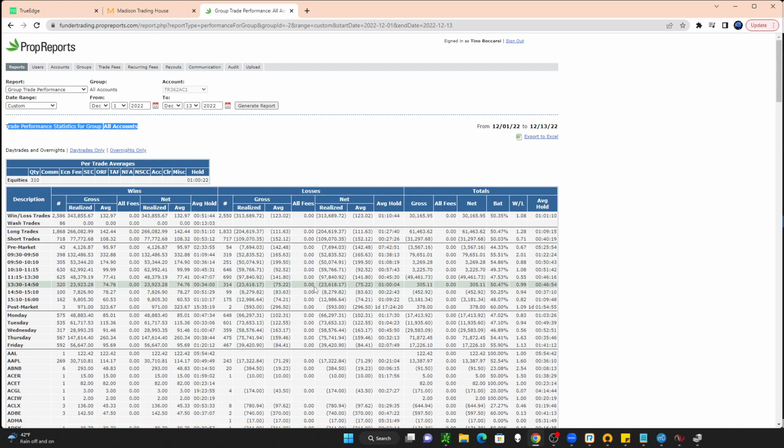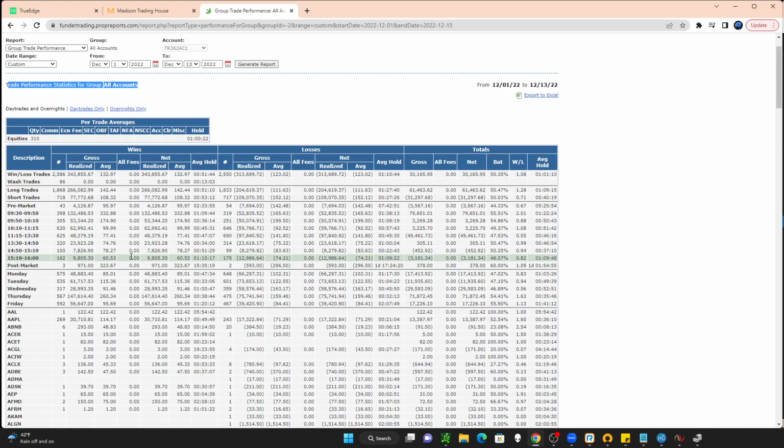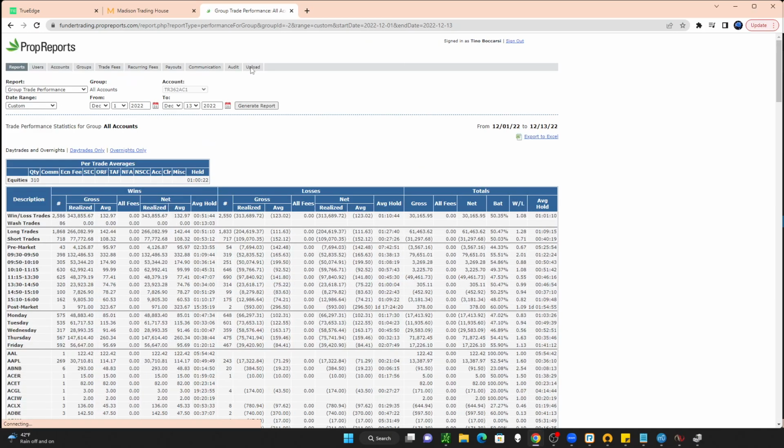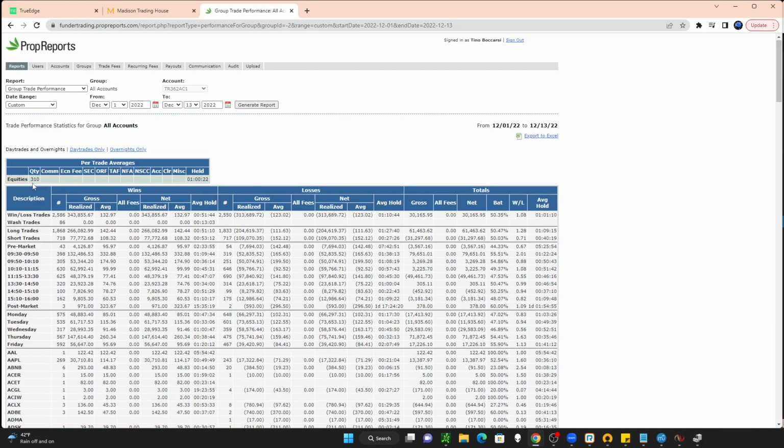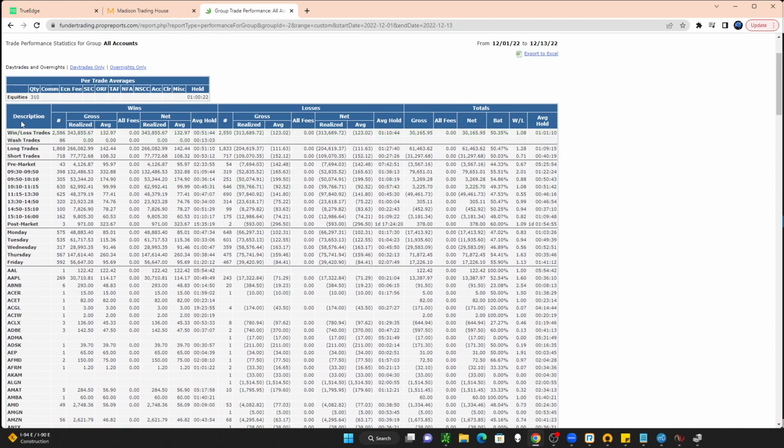But if you're like me, I like to archive things on my computer just for future reference, so you can do that as well. Okay, having said that, this is showing me everything from December 1st to December the 13th, not including today. I just made sure I refreshed it. So it's telling me that there were 310 different equities that have been traded by you lovely folks.